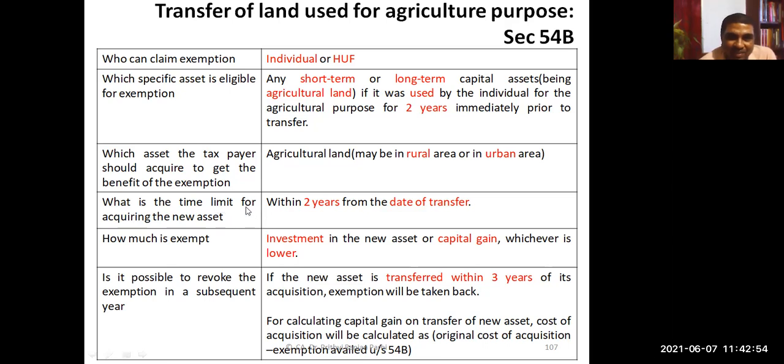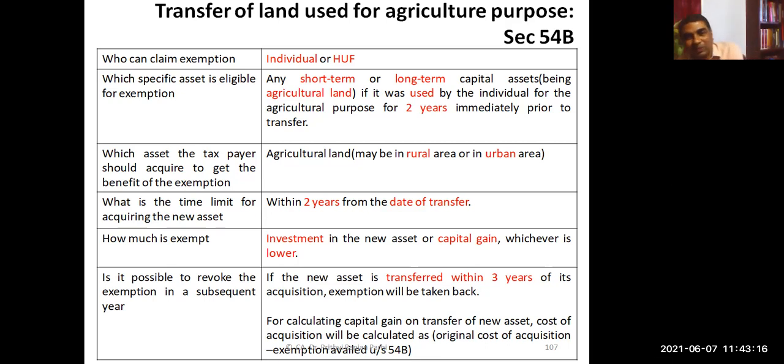And this new asset should have been acquired within 2 years from the date of transfer. And how much you should invest? The entire amount of capital gain. If less amount is invested, then amount of capital gain or amount invested, whichever is lower, that will be exempted.